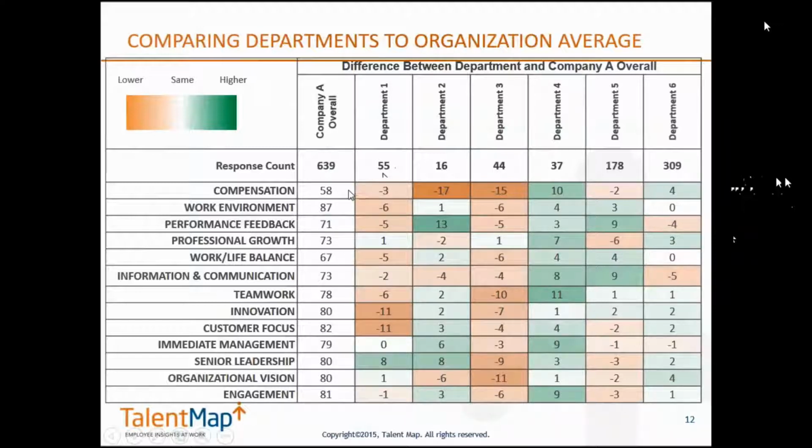So on average, 58% of company A here are favorable towards compensation, and then it looks at the different departments. And so it can be quite useful if you're sitting in the right chair to look at which departments are above average in green, which below average in orange, and of course the more we go below or above average, the deeper the color is going to get. So it's a very visual chart.